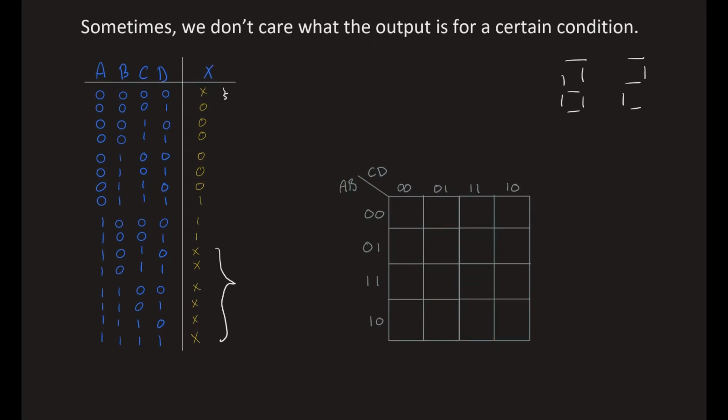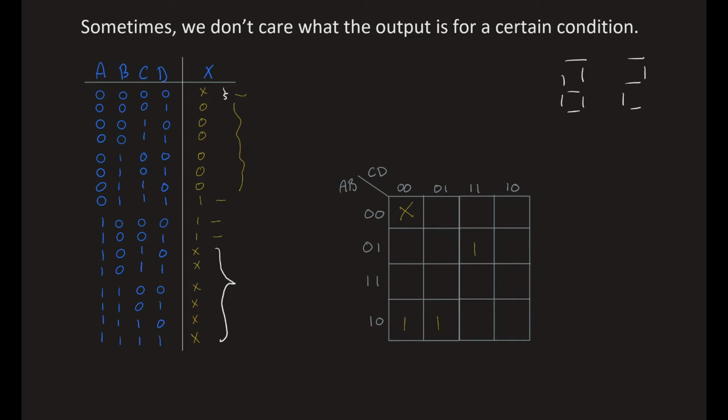Instead of putting a 1, if it's a don't care, we put an X. So at 0, 0, 0, I have an X. Just like before, we don't write zeros ever. At 0, 1, 1, 1, I have a 1. At 1, 0, 0, 0, I have a 1. At 1, 0, 0, 1, I have a 1.